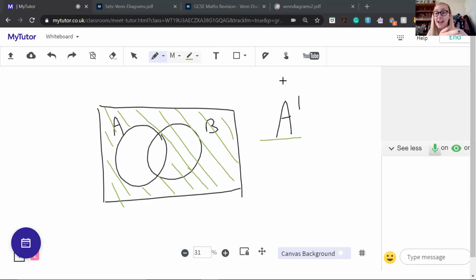So being A and not A are mutually exclusive, because if you're not A, you're in not A. You either have to be in the circle or outside. You can't be on the boundary. You can't be somewhere else. You're either in the circle or you're out of the circle. That's what mutually exclusive means. It's one or the other. So that's what not A means.